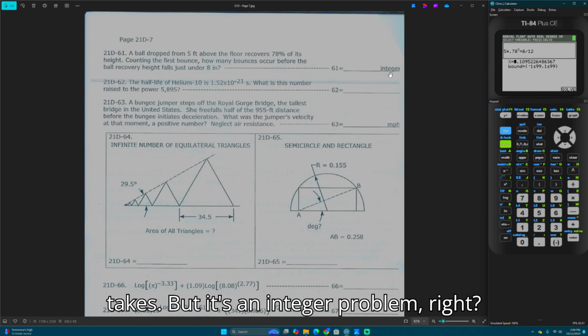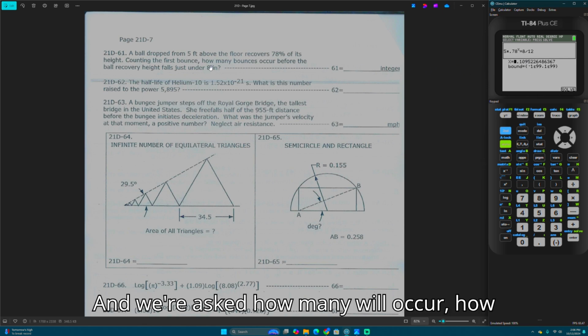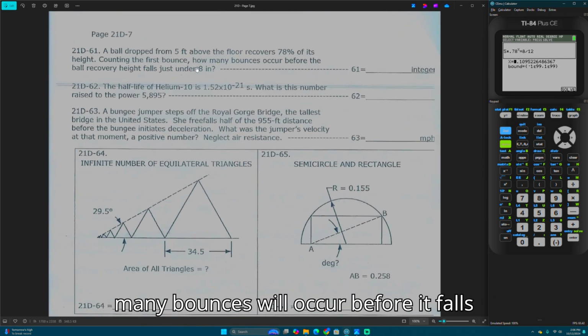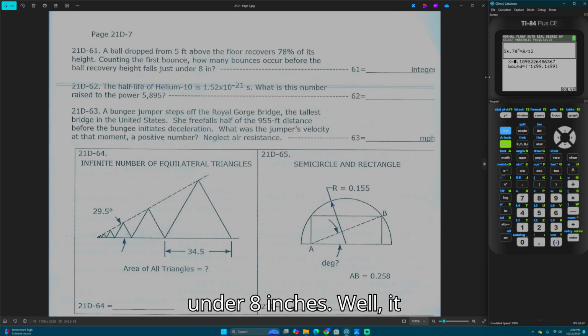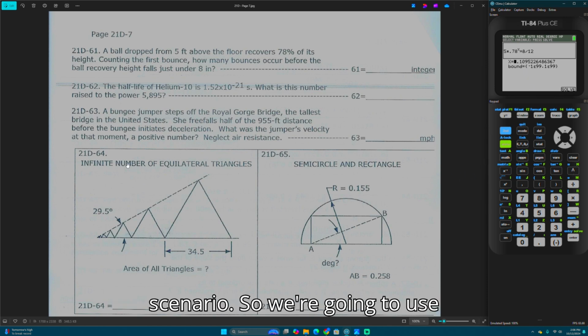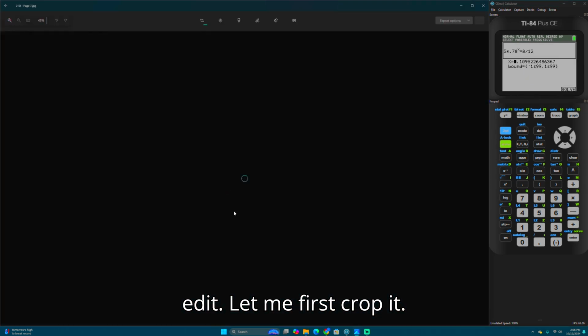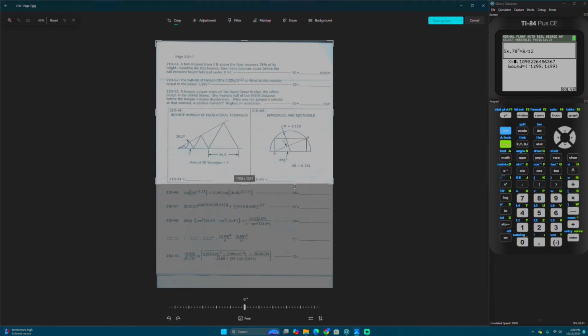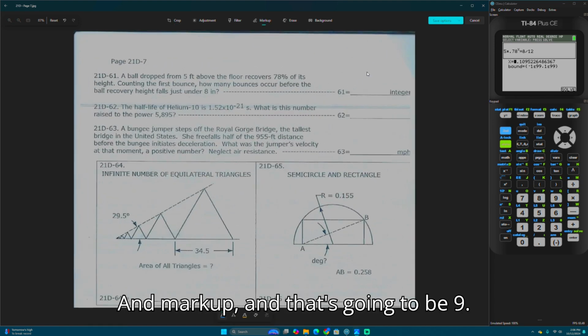But it's an integer problem, right? And we're asked how many bounces will occur before it falls under 8 inches. Well, it has to be 9. We have to round up in this scenario. So we're going to use edit. Let me first crop it and markup, and that's going to be 9.